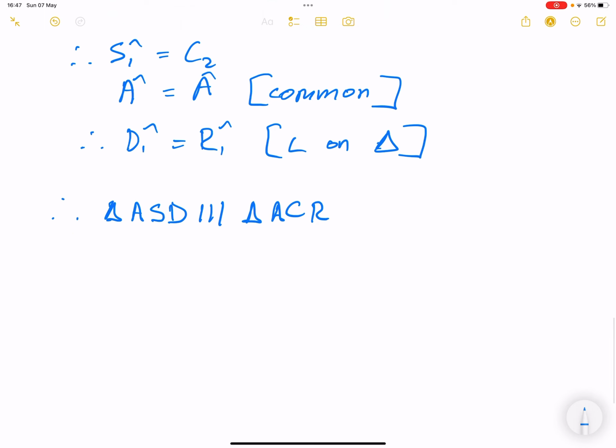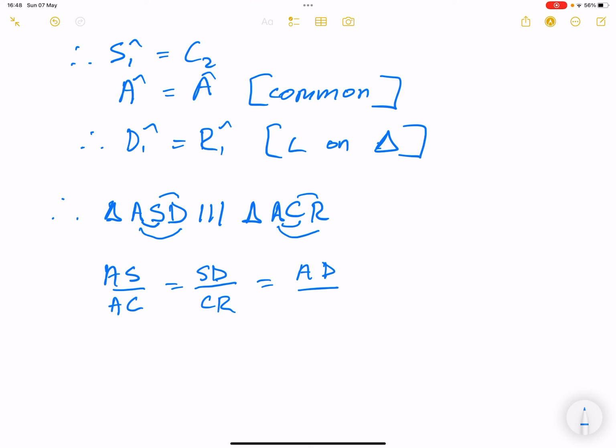Okay, so now please remember, when we use similarity, we know that if the triangles are similar, it means that their sides are also proportional, isn't it? So in this case, we're going to simply say AS over AC is equal to SD over CR, which is equal to AD over AR.